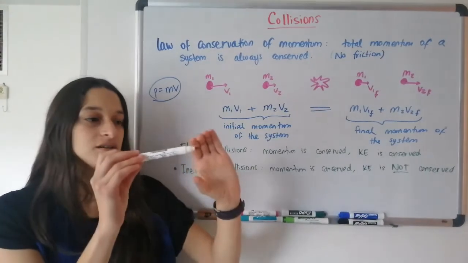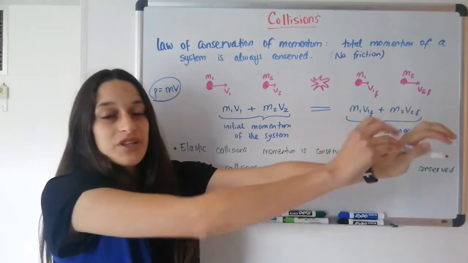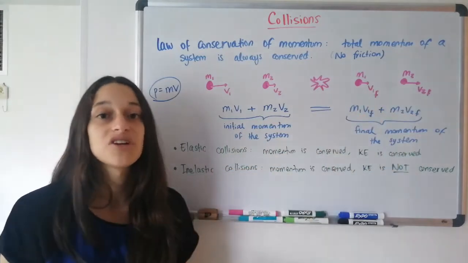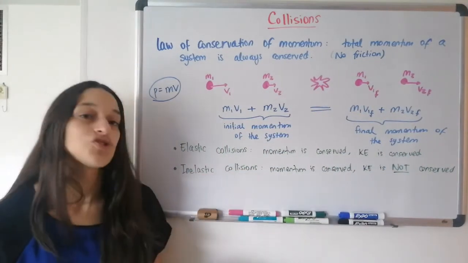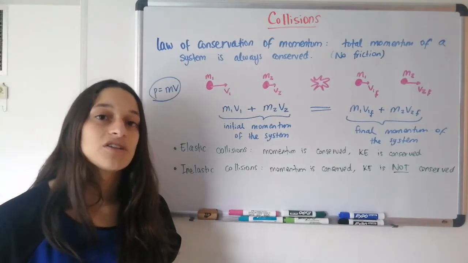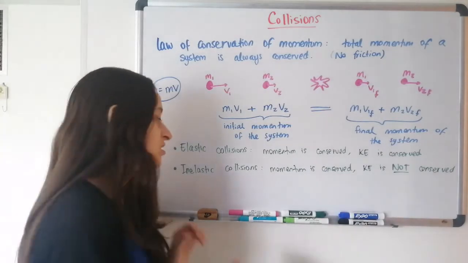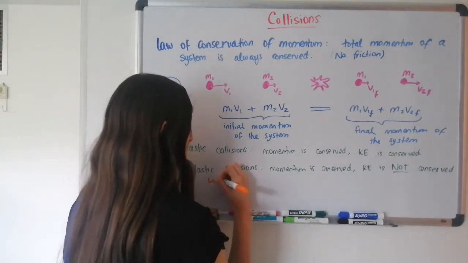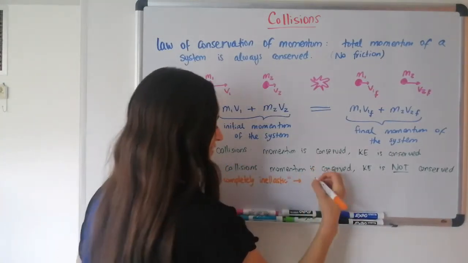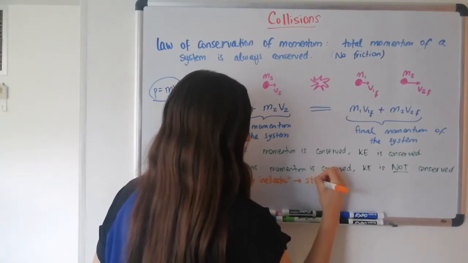The arrow and the apple will go off with exactly the same speed because now they're stuck together. If that happens, the collision is always inelastic and it's called a completely inelastic collision.